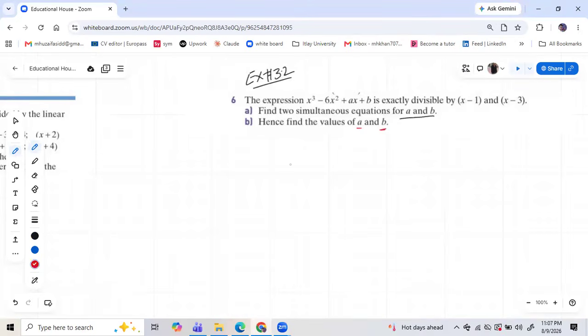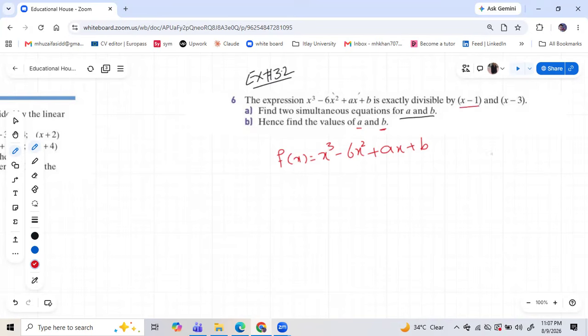So our equation is f of x. Suppose I'm writing it, f of x is equal to x cube minus 6x squared plus ax plus b, and it is exactly divisible by x minus 1.